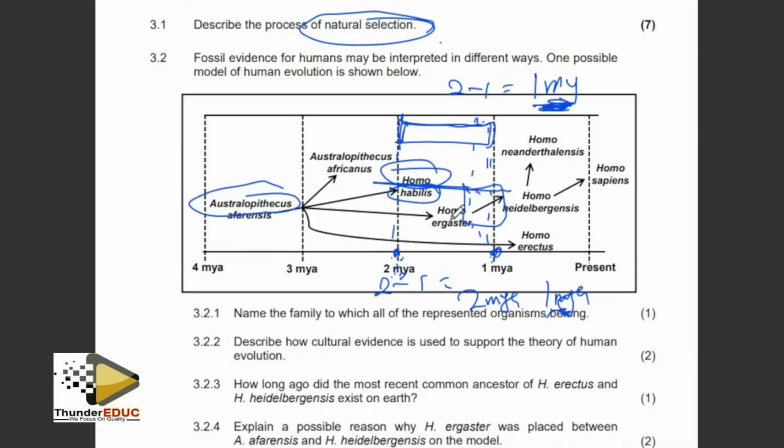Homo ergaster is here, and Australopithecus afarensis is here, and then Homo is here. Homo ergaster has some characteristics of this and also some characteristics of that. Because it didn't get extinct, it is still going. Therefore it is a transitional fossil.